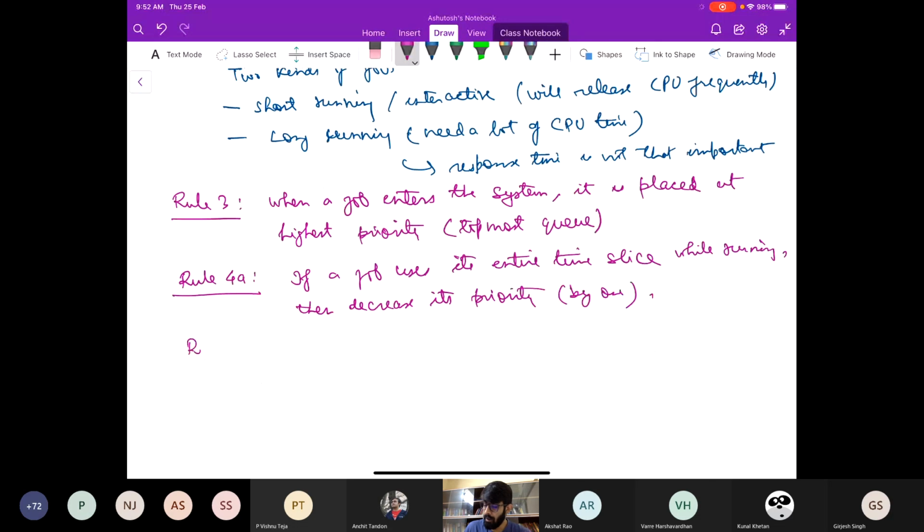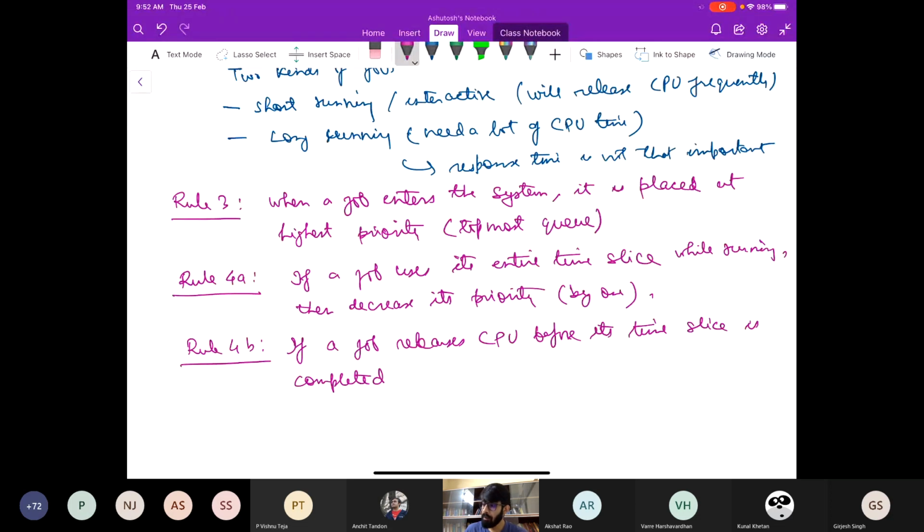And rule 4B will be that if a job releases the CPU before its time slice is completed, then we keep it at the same priority level.